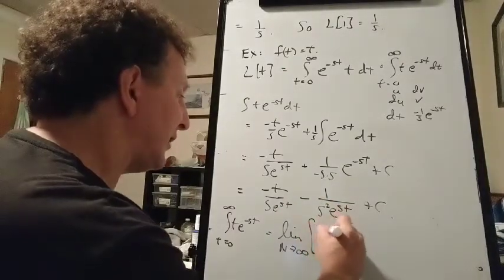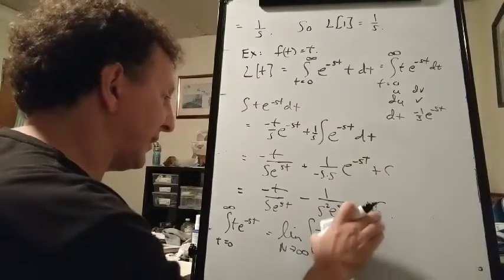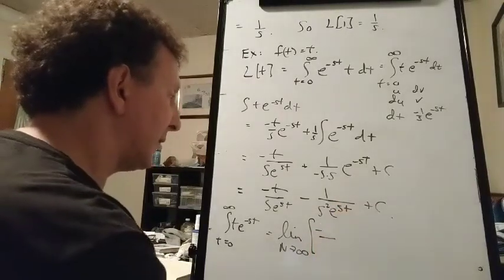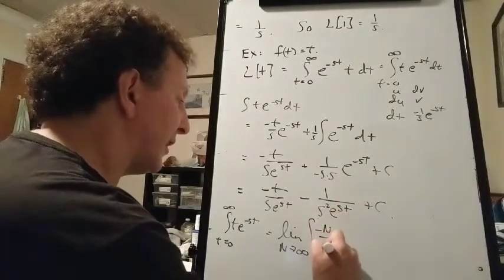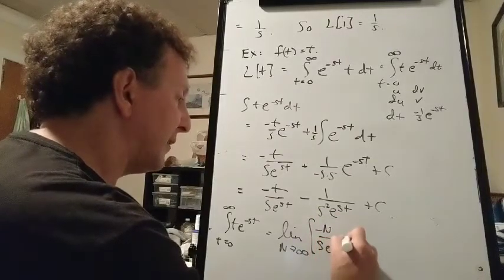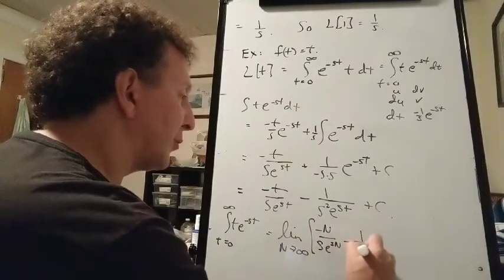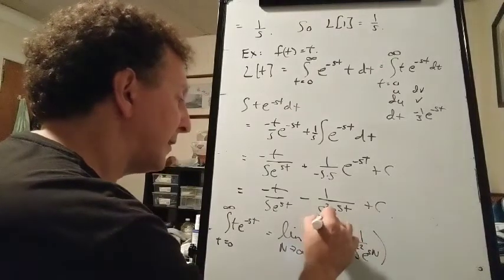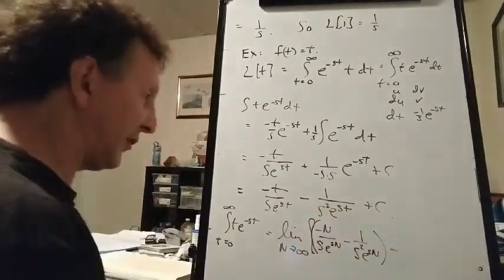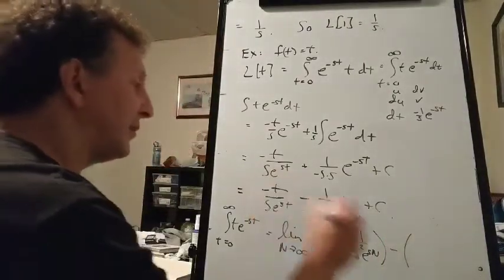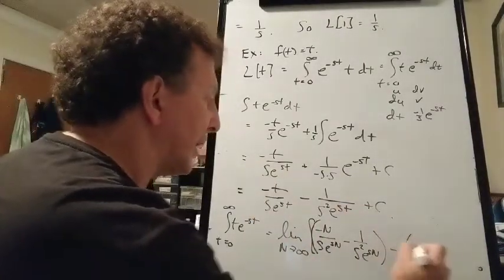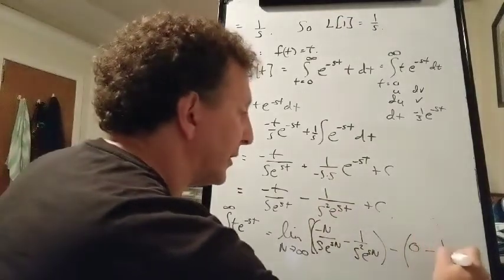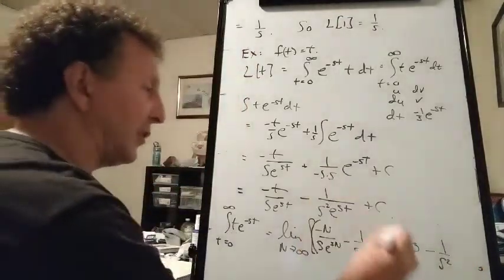So minus n over s e to the sn, minus 1 over s squared e to the sn. Now we plug in 0: minus 0, minus 1 over s squared, and e to the 0th is just 1.